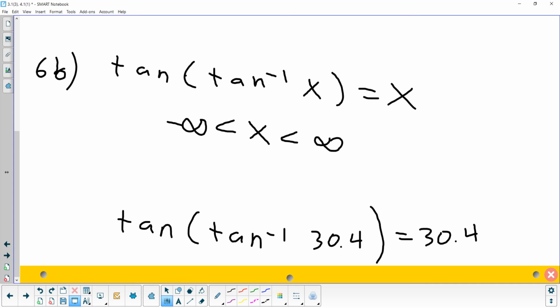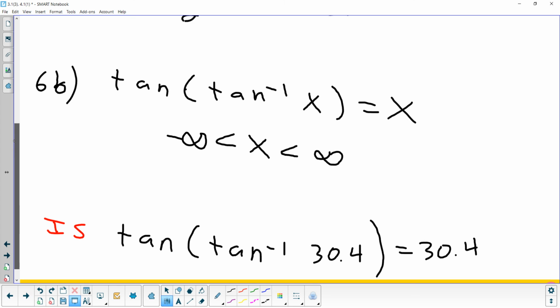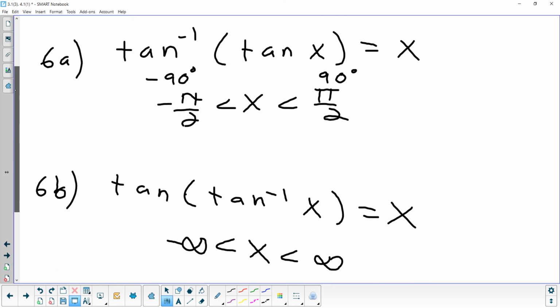So Jaden, is the tangent of the inverse tangent of 30.4 going to come out to 30.4? Yeah. Okay, how come? Start by identifying which formula it is, 6a or 6b?